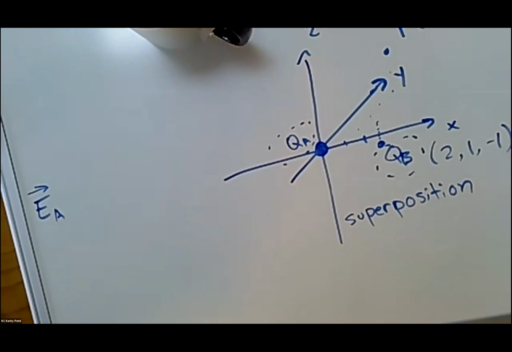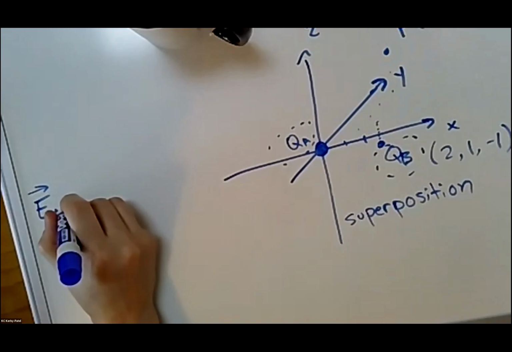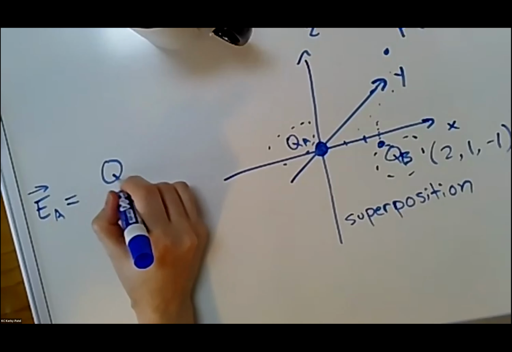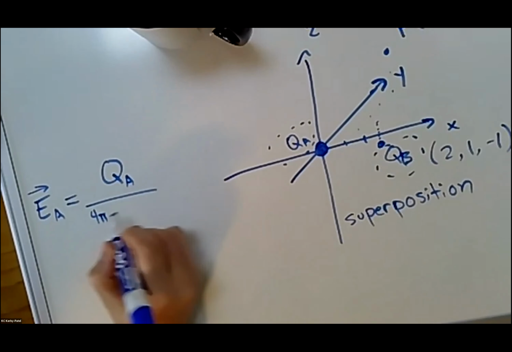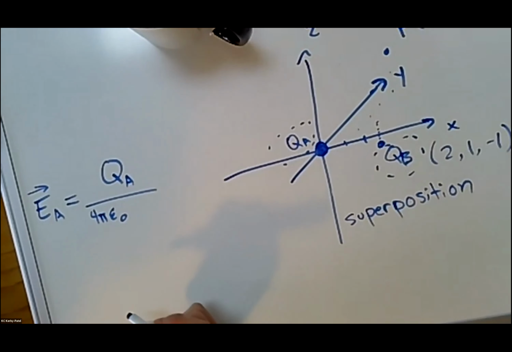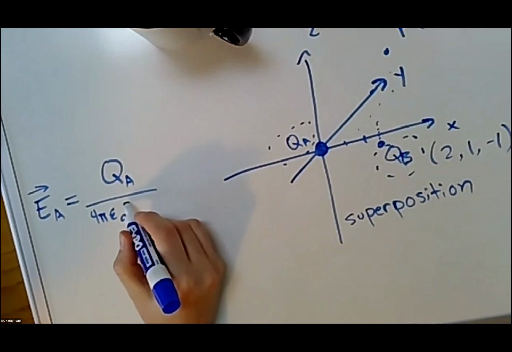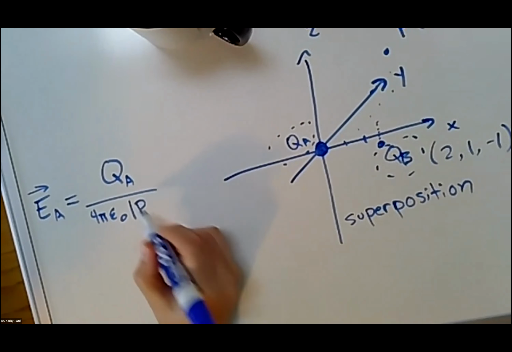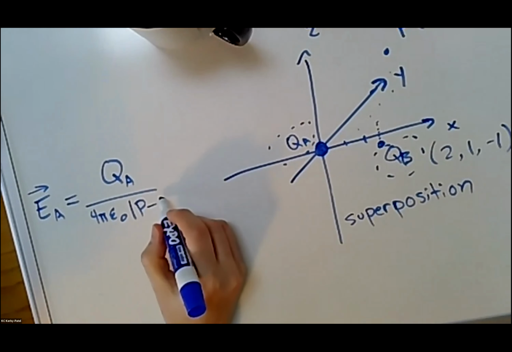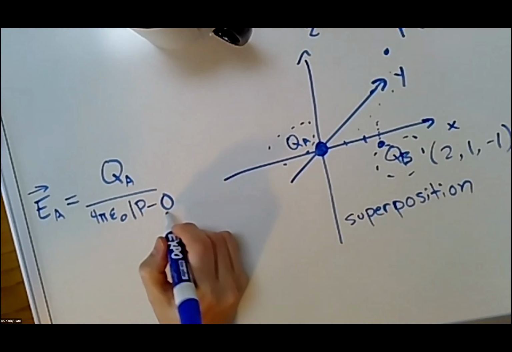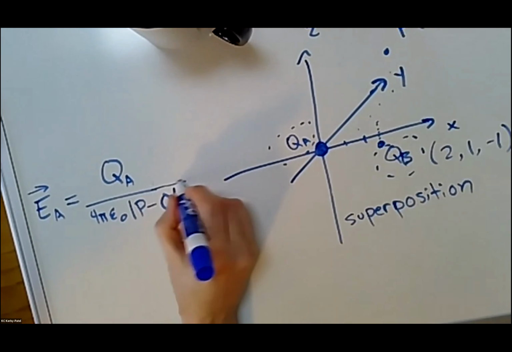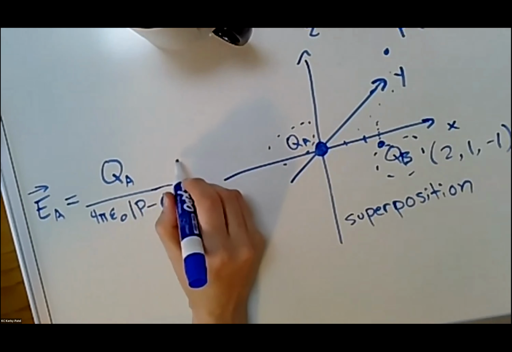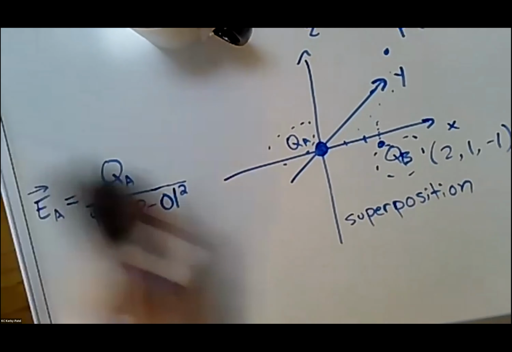So the electric field due to charge A, which we will often write as just E sub A, is going to be charge A divided by 4 pi epsilon naught, times the magnitude of our observation point minus the origin, which I'm writing as the letter O, squared, and then the unit vector in that direction.